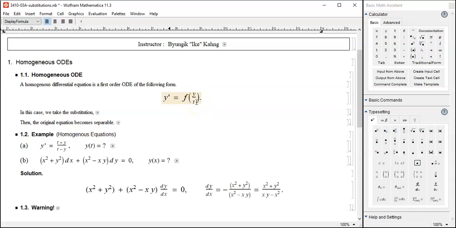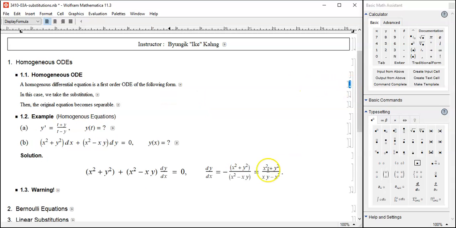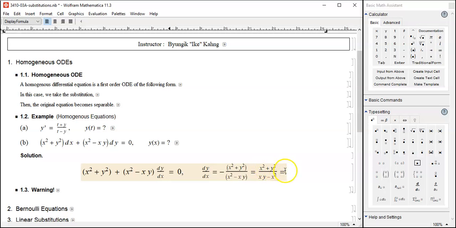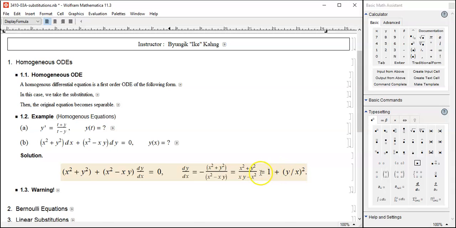Now we have to make some adjustments so that we have y over x. Here, independent variable is x, not t, so we need y over x. How do I get y over x from here? Divide each term by x squared. So divide by x squared, so I have 1. Divide by x squared and have y over x, that quantity squared. And then divide by x squared, I get y over x.